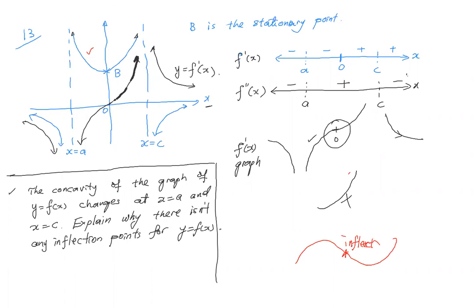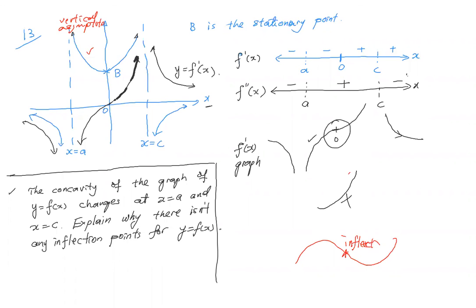So that's why there's no inflection point. If the concavity changes at the vertical asymptote, there's no inflection point.